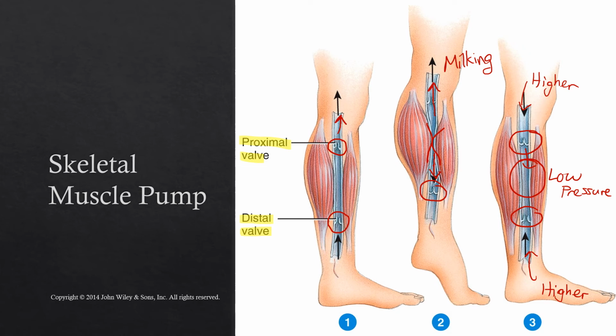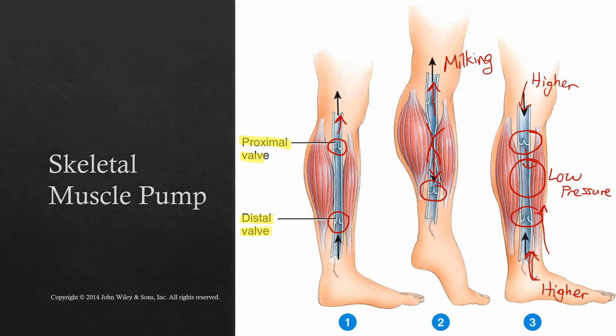So this is how we get some of that blood that might get stuck in the foot due to gravity, and we pull it up the leg just because of those pressure differences. Now that those pressure differences are changing, we fill this area with blood, and then the proximal valve is going to reopen when we have that equalization of pressures.